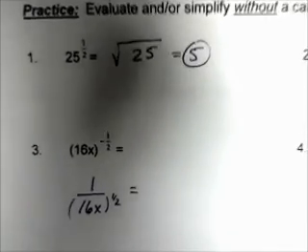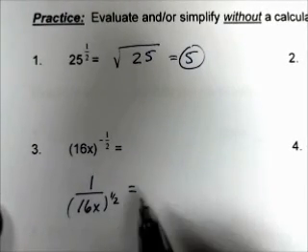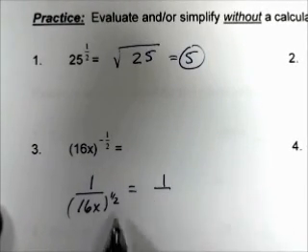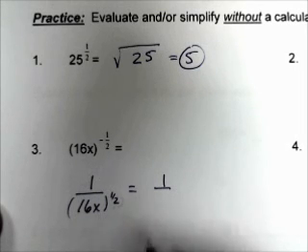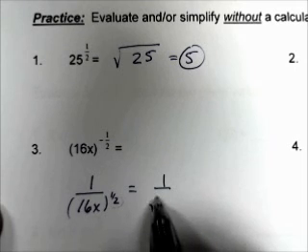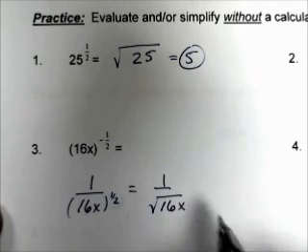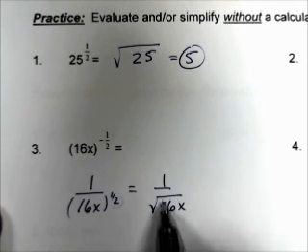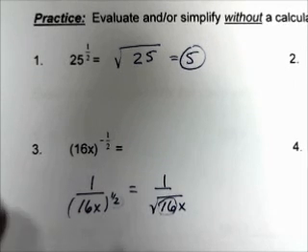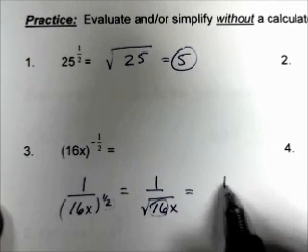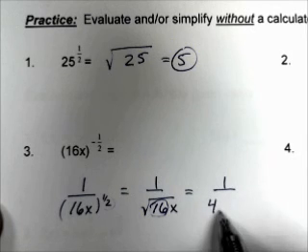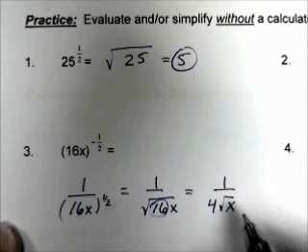So this is 1 over, again, the denominator of a fractional exponent is our root, so this is 1 over the square root of 16x. 16 is a perfect square. Out comes its square root, 1 over 4, and then the square root of x remains.